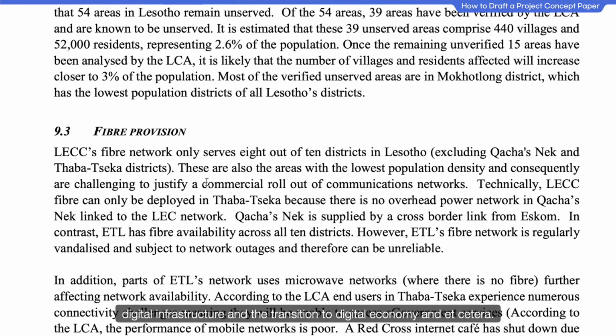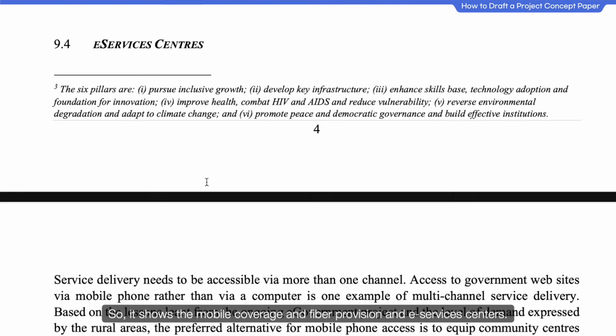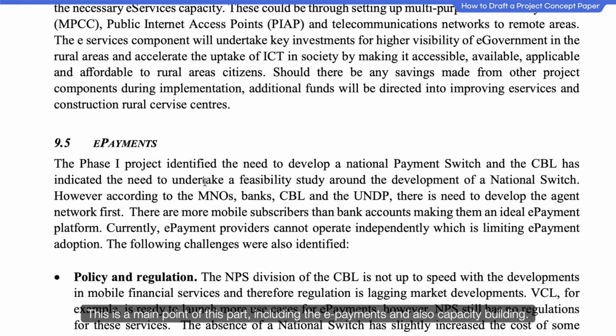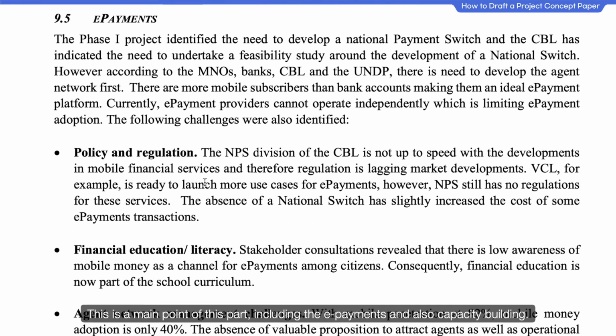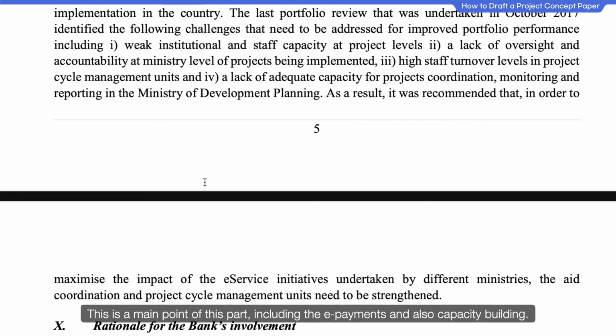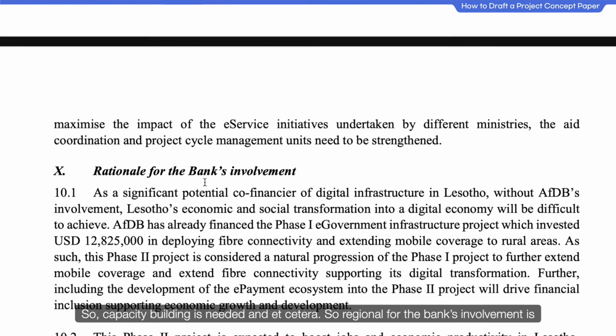So it shows the mobile coverage and fiber provision and e-services centers. Government is determined, however, the service is still limited, which is the main point of this part, including the e-payments. And also capacity building. So capacity building is needed, and so on.